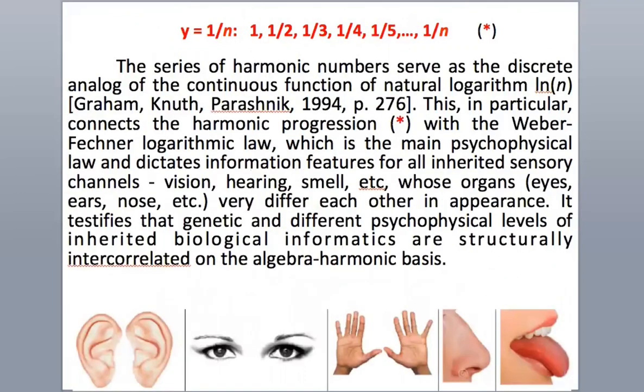The series of harmonic numbers serves as the discrete analog of the continuous function of natural logarithm. This in particular connects the harmonic progression with the logarithmic Weber-Fechner law, which is the main psychophysical law and dictates information features for all inherited sensory channels, vision, hearing, smell, etc., whose organs, eyes, ears, nose, etc., differ very much from each other in appearance.